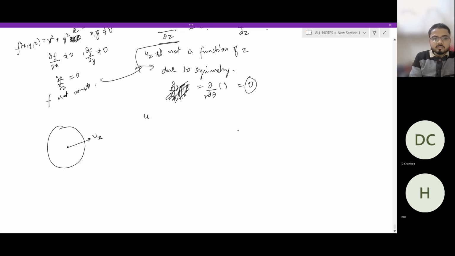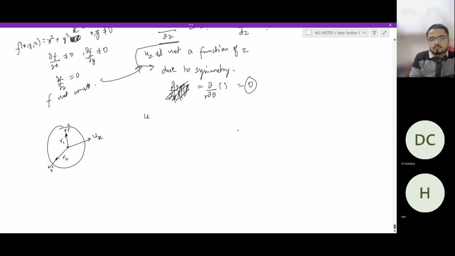So for any r right here, this might be the r vector at r1, let's say, and at r2 this r vector will be different.